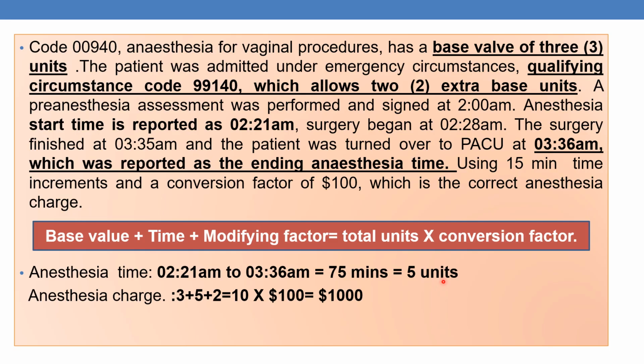Total number of units are 5 units. So the total is 3 base value units, because this code has 3 base value units, plus 5 for time plus 2 for modifying factors, which is a total of 10. 10 into $100 is $1,000. So $1,000 is the anesthesia charge in this particular scenario.